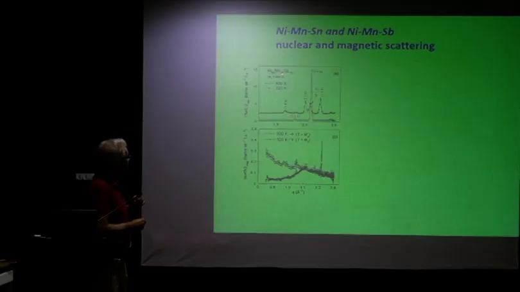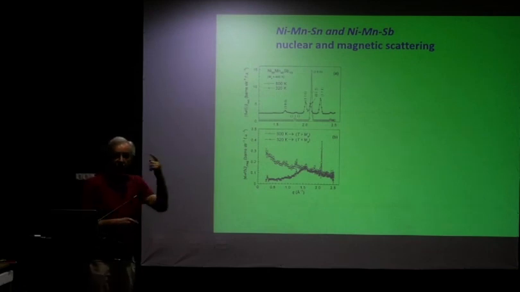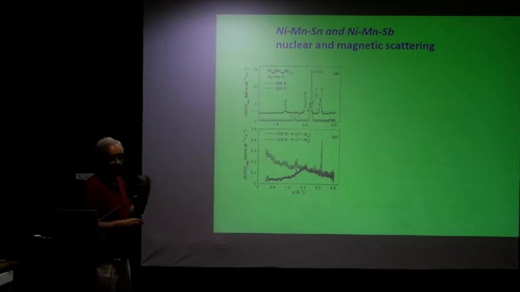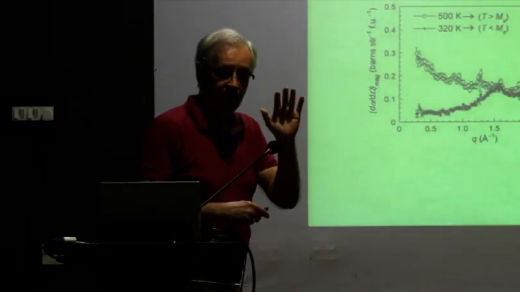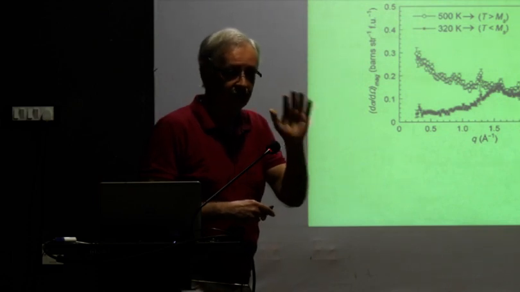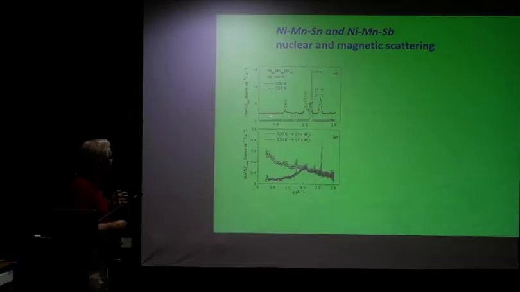Nickel, manganese, indium. We do an experiment at 500 Kelvin. 440 Kelvin was the martensitic transition temperature. So at 500 Kelvin, we're in the austenite state. At 320 Kelvin, we're in the martensite state. If we look at only the structural part, not the magnetic part, of the scattering, what we see is the peaks corresponding to the cubic structure.